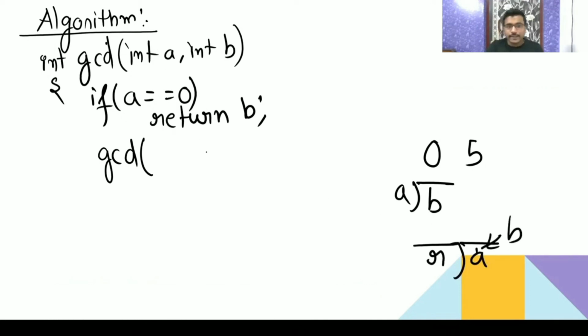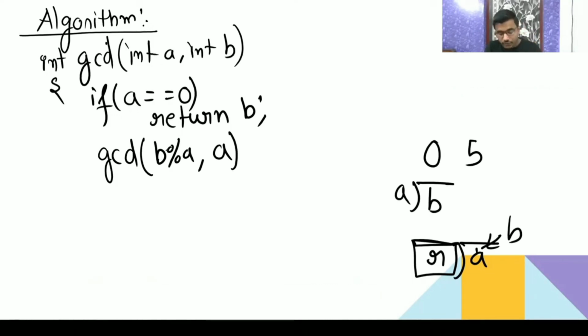So again I will call the GCD, this A will now be here, and here it is going to be the remainder. If A is not equal to 0, you always get the remainder this way.